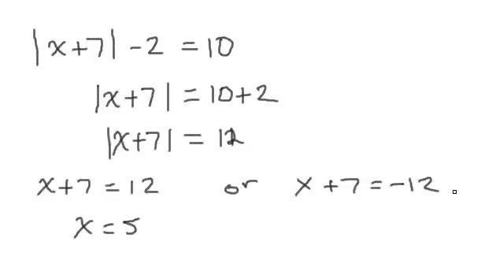Bringing the 7 over to the right hand side, you have minus 7, so you have negative 12 minus 7. So this ends up being x is equal to negative 19. So our solution set is 5 and negative 19.